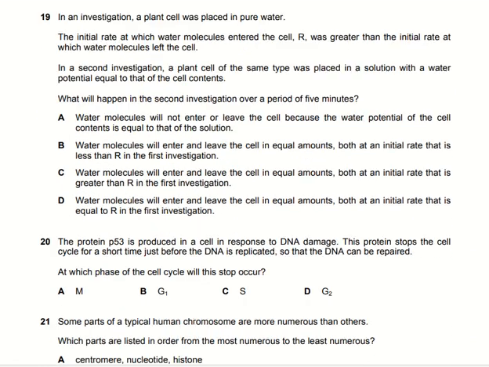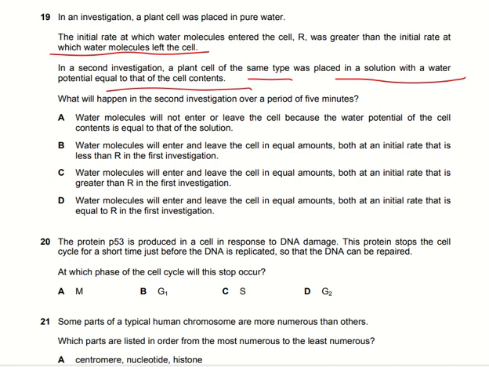In an investigation, a plant cell was placed in pure water. The initial rate at which the water molecules entered the cell was greater than the initial rate at which the water molecules left the cell. In the second investigation, a plant cell of the same type was placed in a solution with a water potential equal to that of the cell contents. The water potential is the same in the solution as that of the cell.